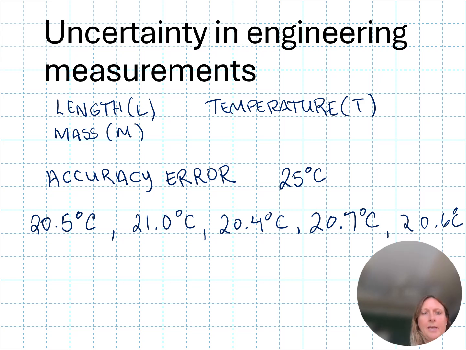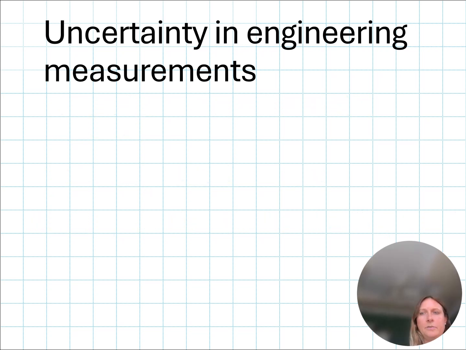Now, the second type of uncertainty, precision error, right? This isn't something that I can fix readily. This is random error or noise that is surrounding the signal that I'm trying to measure.